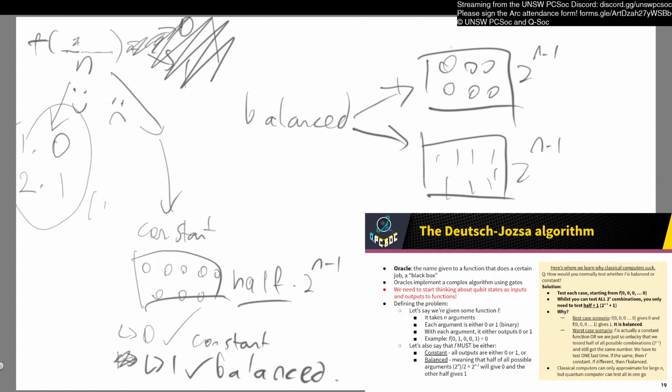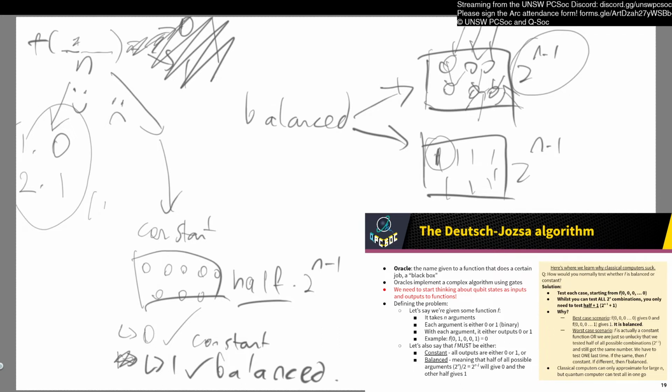If you were so unlucky, well, the probability is very unlikely, but it perfectly well could be that you happened to test only all the zeros, for half of the combinations. Then it's a worst case scenario. You have to test one more to observe the 1, and you can conclude it's a balanced function.